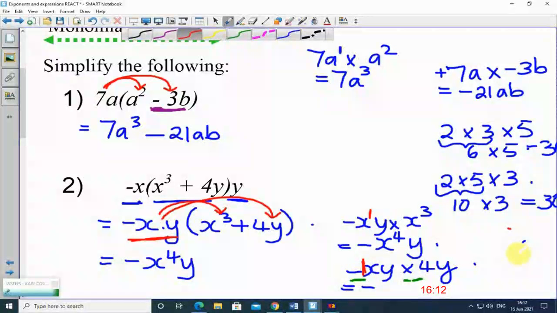So 1 times 4 is just 4. The x, there are no other x's, so I'll just put it down. And the y, well I've got y times y, which is y squared. So this answer over here is minus 4xy squared. And there we're done.